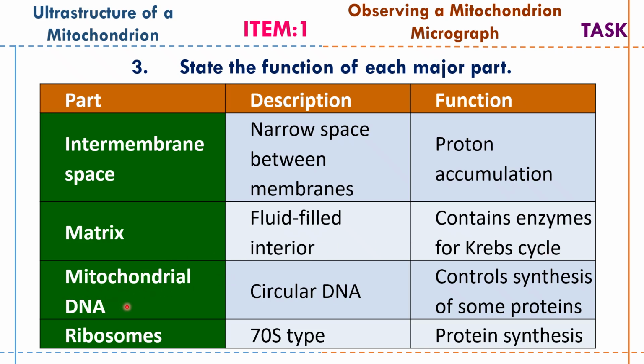Mitochondrial DNA: it is a circular DNA. It controls synthesis of some proteins. Ribosomes: 70S type, for protein synthesis.